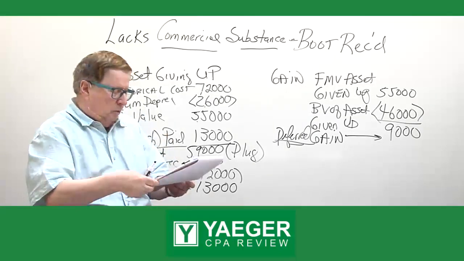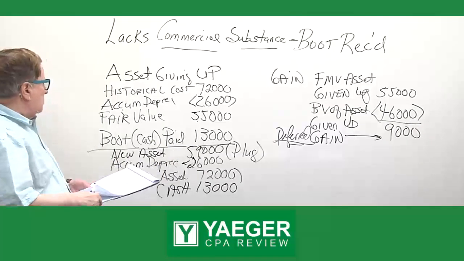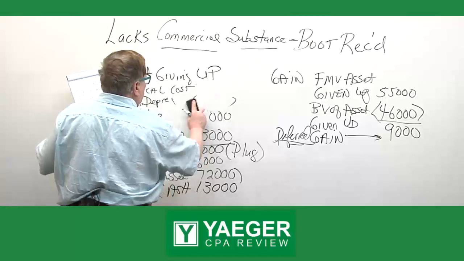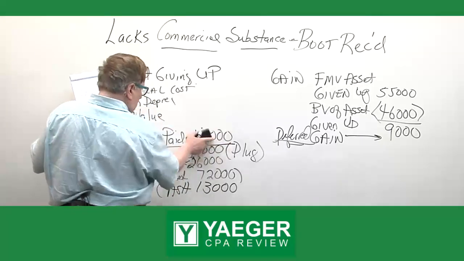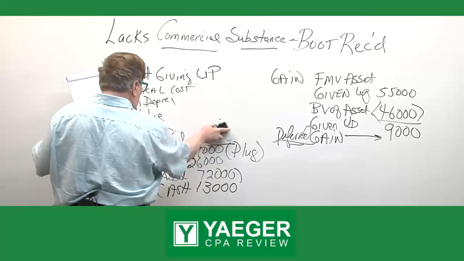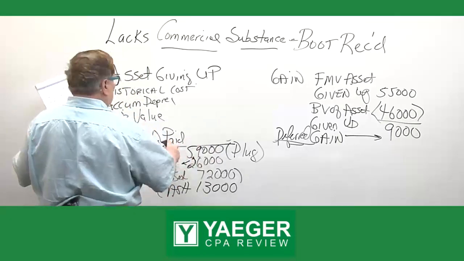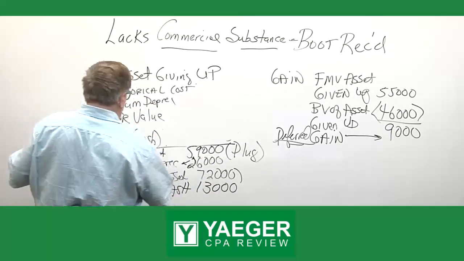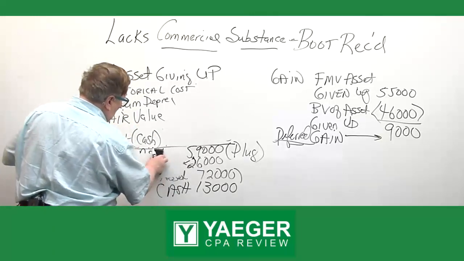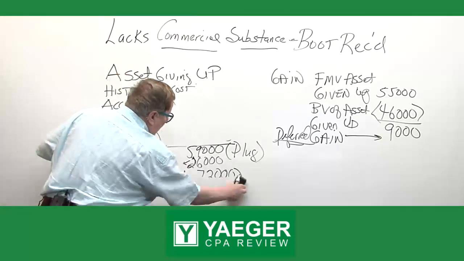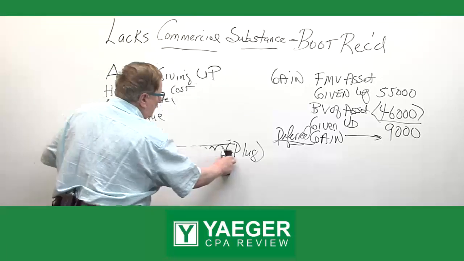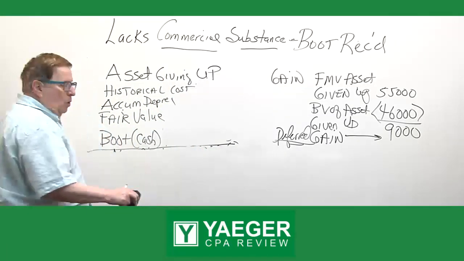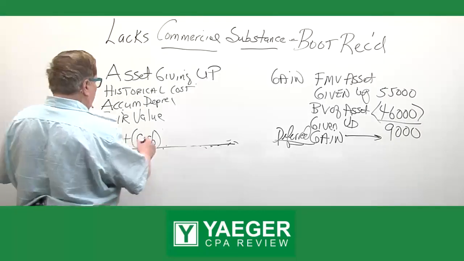Now, the historical costs, we're going to change the numbers here. I'm just going to erase this entry from the situation 2, because we'll make another journal entry. But now we have boot or cash received.